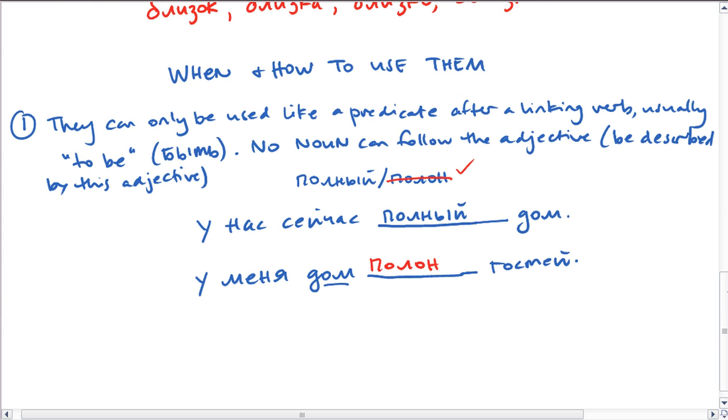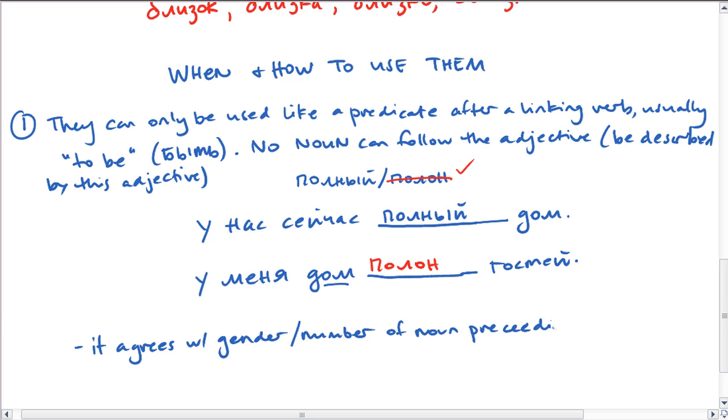And as you can see, the short form adjective will agree in gender and number with the noun preceding it, or the noun that it's describing. So it agrees with gender, number of the noun preceding it, the noun it's describing.